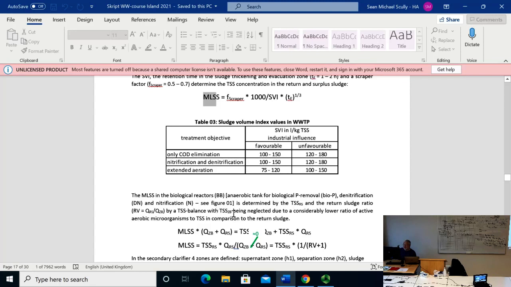First of all, the TSS inflow might be 70 grams per population equivalent a day, so that makes 700 milligrams per liter. And we have about 4,000 or 5,000 in the TSS of the biological reactor, so it's still more than 10%, but 40% of the 700 will be degraded, will be mineralized.